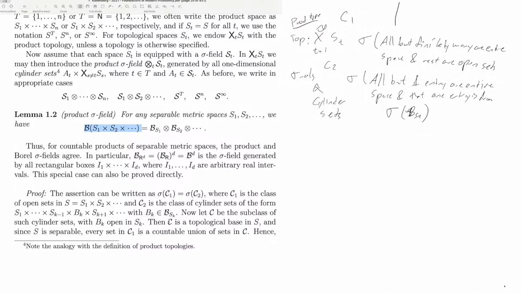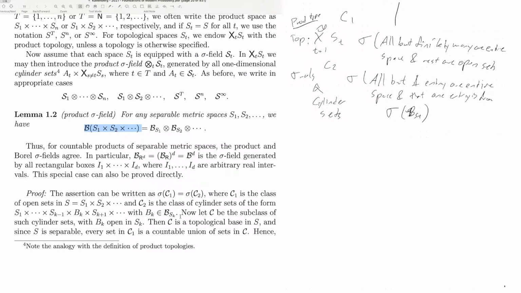Now let C be the subclass of such cylinder sets with B_K open. Okay, so we're just fixing an index and looking at all of these. Then C is a topological base in S, should probably be S sub K. Is that right?